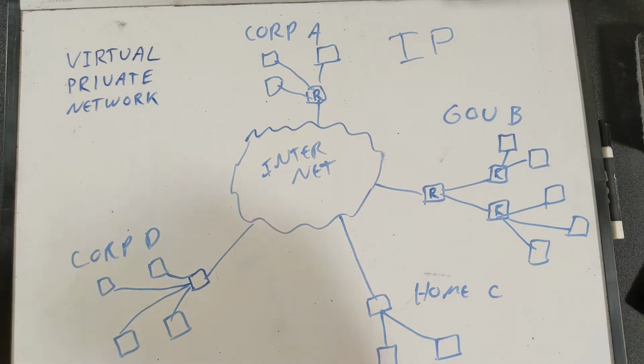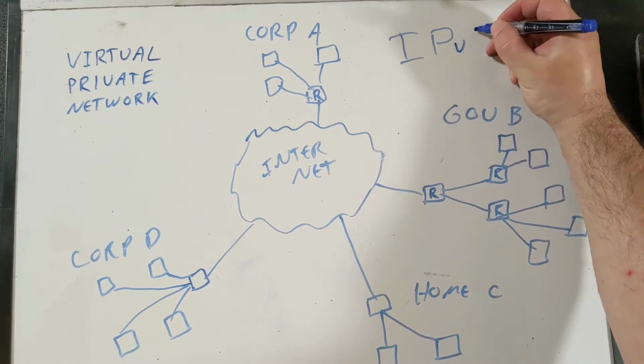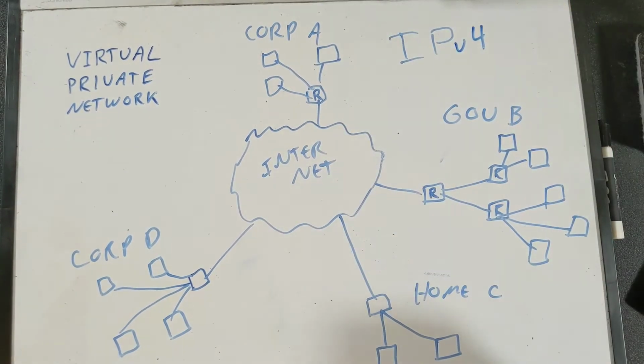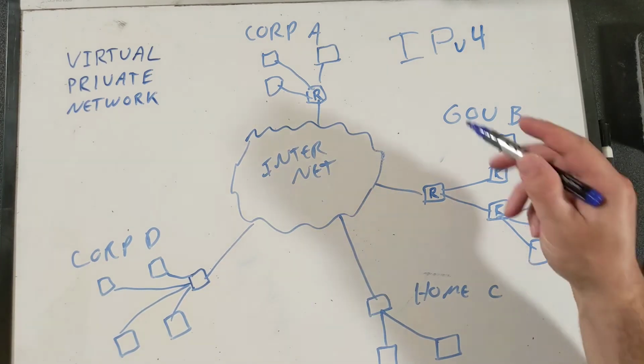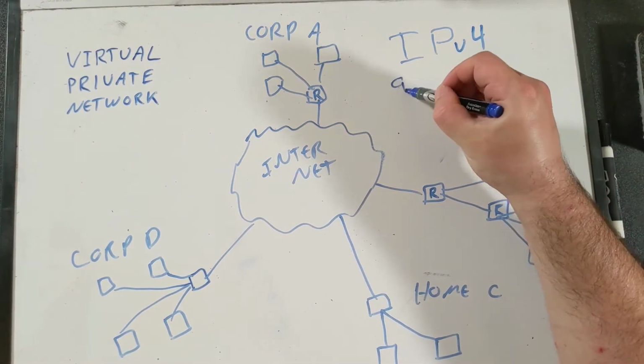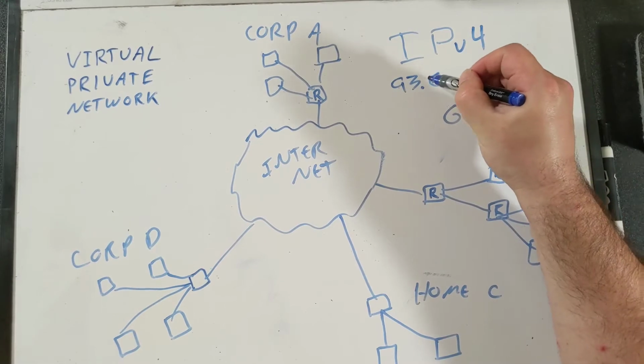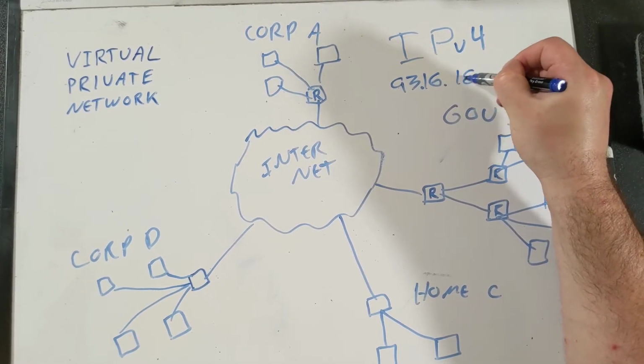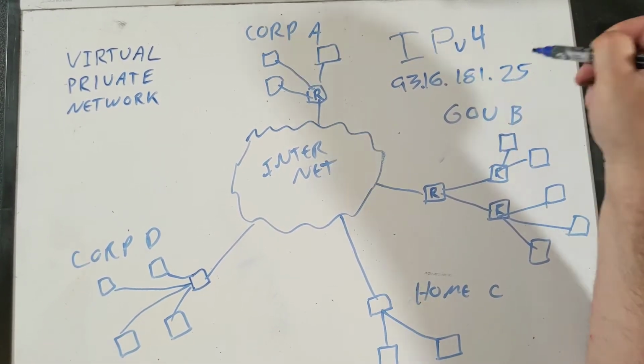Now, in the old version of Internet Protocol, Internet Protocol version 4, IPv4, addresses look like 4 numbers, maybe something like 93.16.181.25.